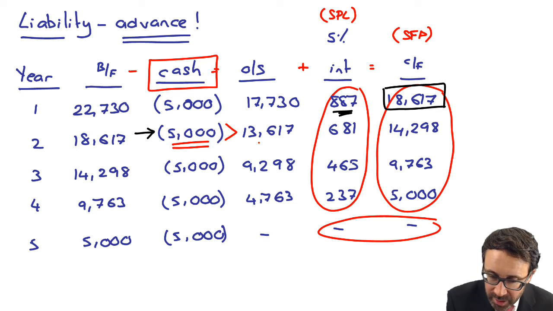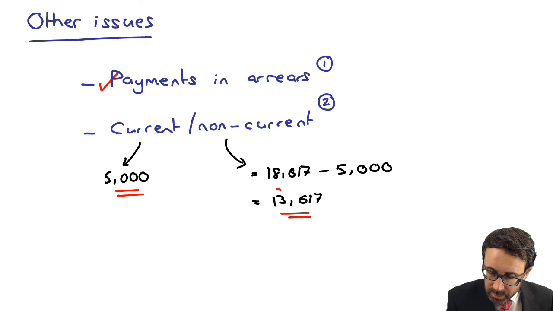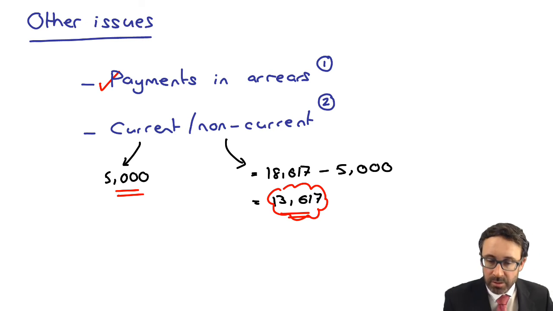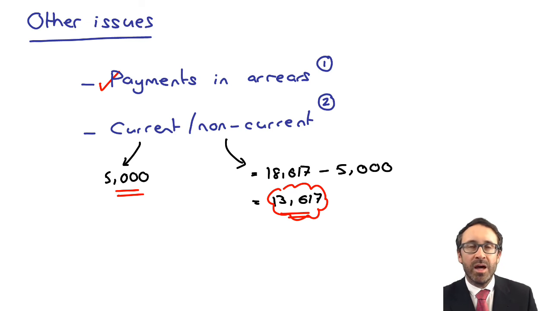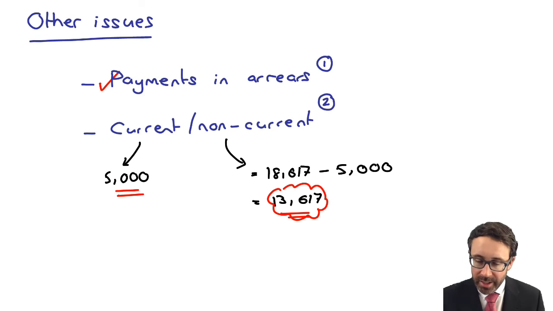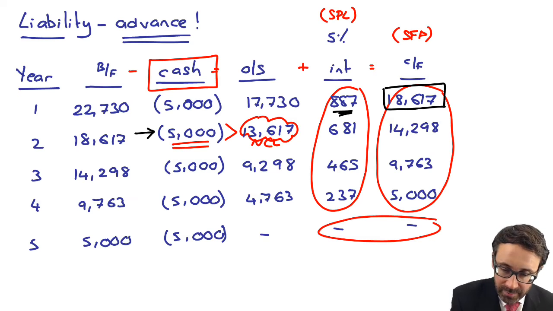The number immediately to the right there is that non-current liability of 13,617, which corresponds to the 13,617 there. The difference between the total and that non-current then gives you the current liability. So the trick is to look at the final payment of the next year.